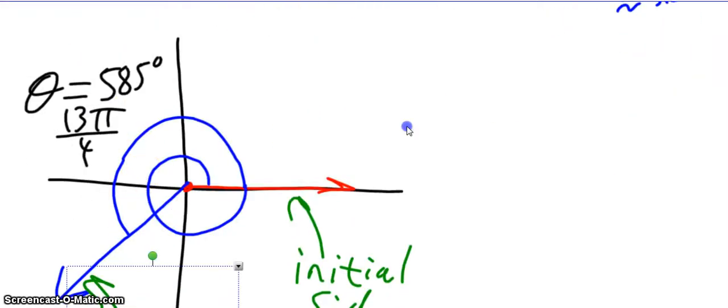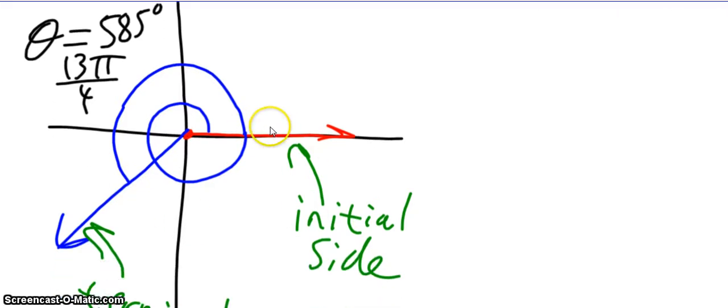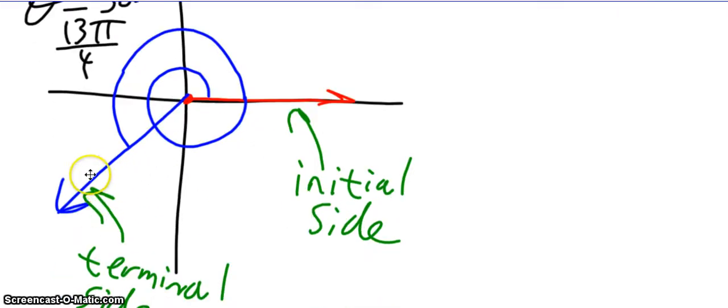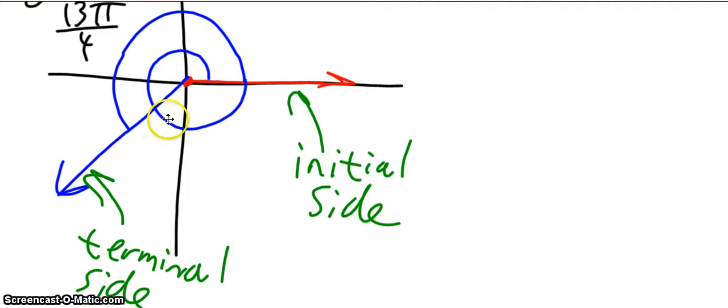And so I've drawn this here in standard form, so 585 degrees or 13 pi fourths radians. Here would be my initial side, and then I'm going to rotate counterclockwise. I rotate once, and then I'm going to continue on until I get to here, and this would be 585 degrees or 13 pi fourths, where here is my initial side and here is my terminal side in the third quadrant.